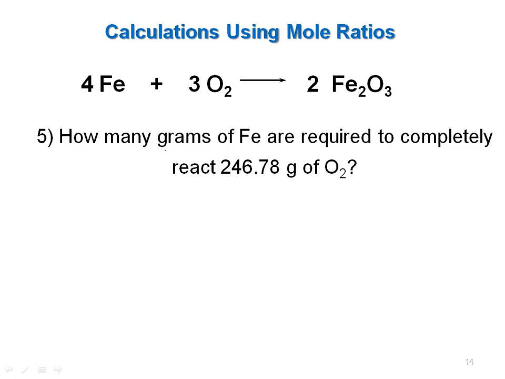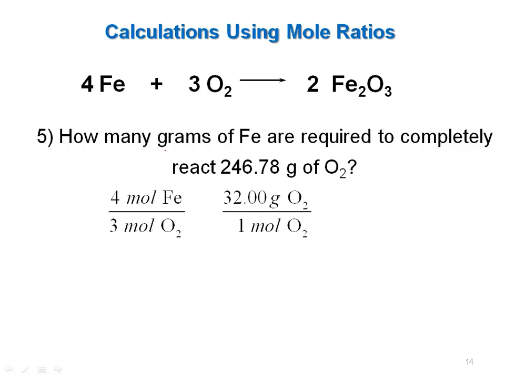Grams of Fe. So same equation. We're trying to go from grams of O2 to grams of Fe. These are all the things we know. We know the ratio between Fe and O2. We know the molar mass of O2. We know the molar mass of iron. And that's what we're given.